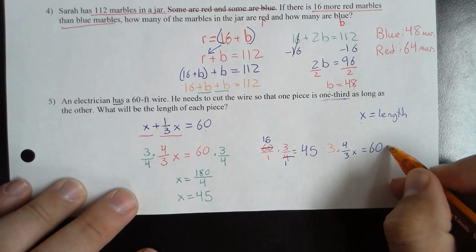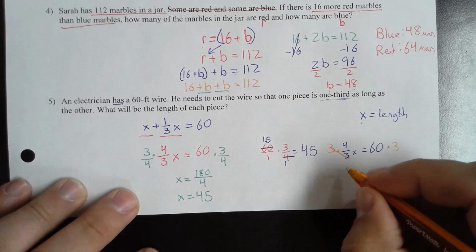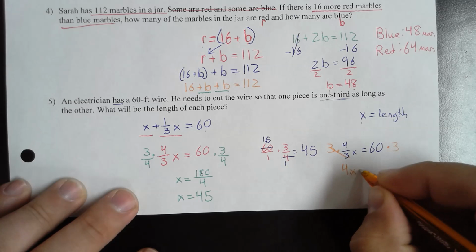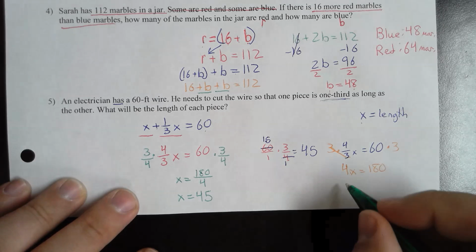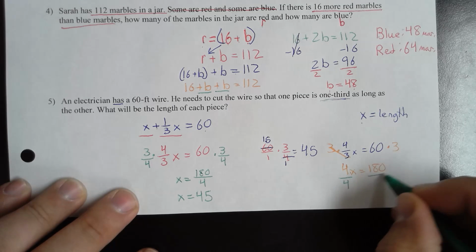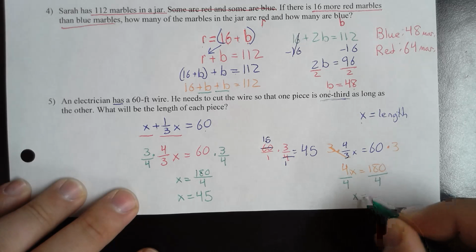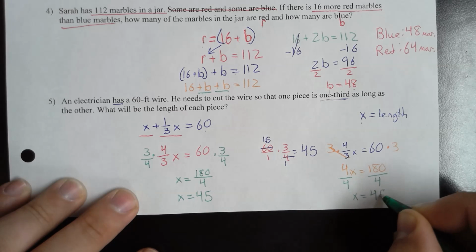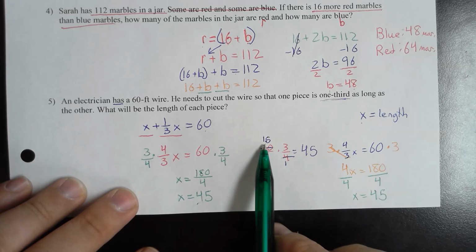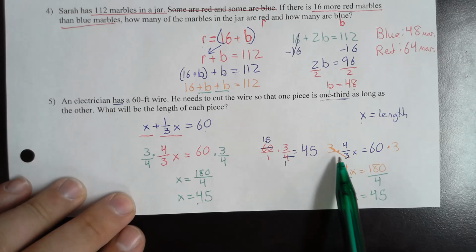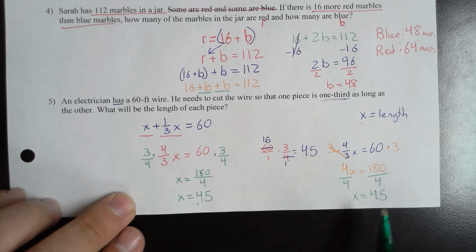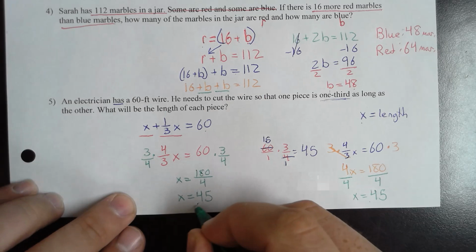So we could have multiplied by 3, which gives us 4x equals 180, and then divide by 4. X equals 45. All three ways are going to get you 45 being the length of one piece.